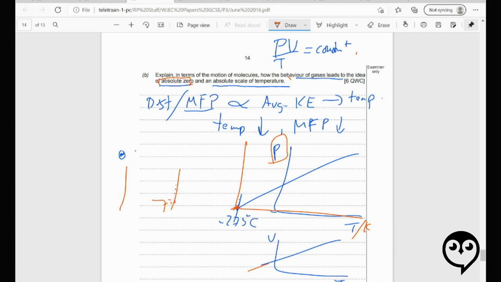Particles will not be colliding against the wall. No collisions, no forces exerted. No forces exerted, no pressure. Okay, so the pressure would be zero at absolute zero, meaning that all molecular motion has stopped. This is a theoretical thing, although I guess we have gotten fairly close to it in experiments in the last decade or so.